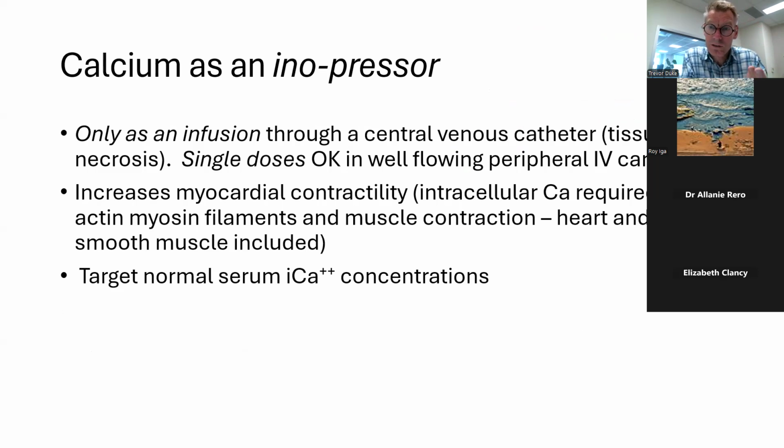And that's because calcium is required for that. For cardiac contractility, you need calcium, and for vasoconstriction, you need calcium. And sometimes we can use it as a continuous infusion, but only do that if you've got a central line. But if you've got a well-functioning peripheral line, then giving doses of calcium are okay.